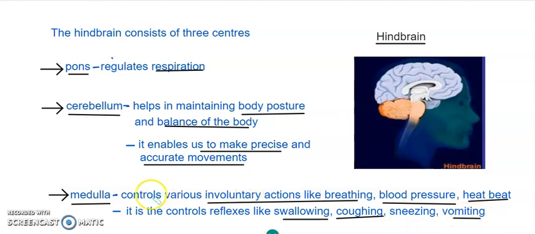Now, if you have ever heard of incidents where some people come across a major accident or somebody has fallen off a terrace, the immediate response is that the doctors will check and ask if you are feeling like vomiting or some sensation like missing your balance. Why they keep asking this is because they want to check whether the hindbrain is affected or not.